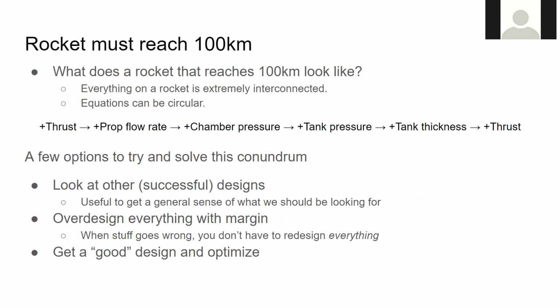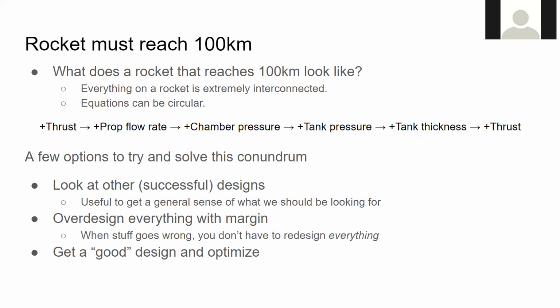So say, for instance, you have some hypothetical rocket and you want to increase its thrust. Well, in order to do that, you would need to increase the flow rate of the propellant into the engine so that you can burn more propellant and get a higher thrust, which would give you a higher chamber pressure.